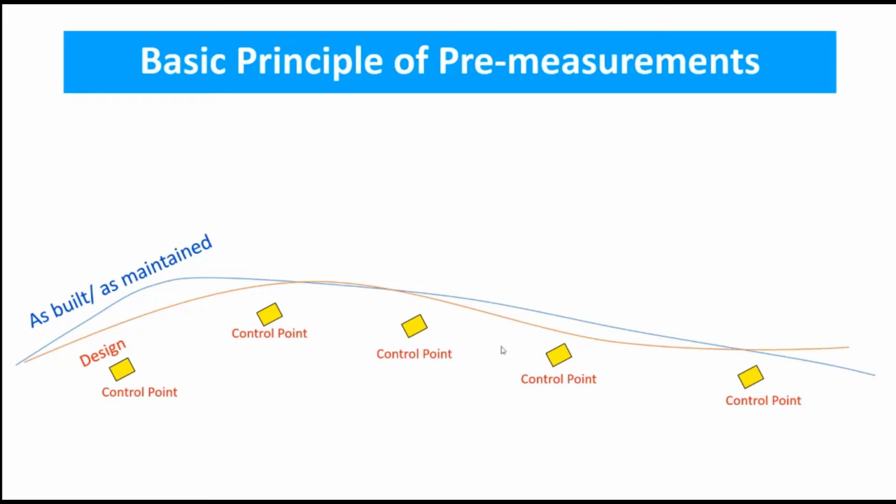So for this design alignment, we pick up the center line coordinates of the existing alignment, then design the profile, and then work out the slews at every 5 meters. A number of control points are required to cross check that the coordinates are accurately picked up by the method.